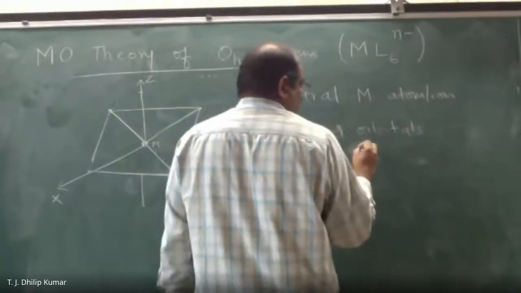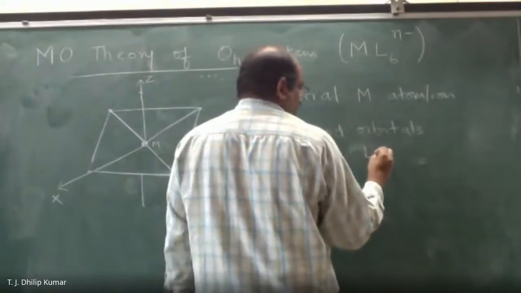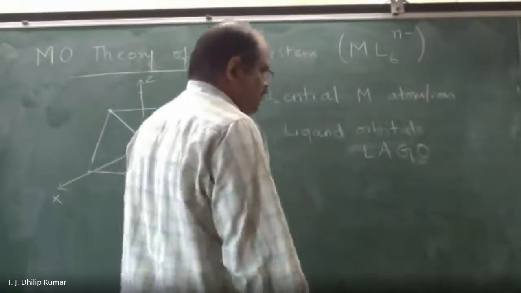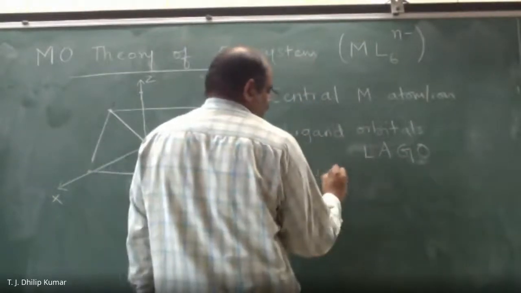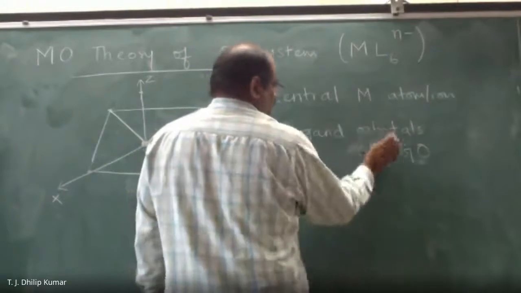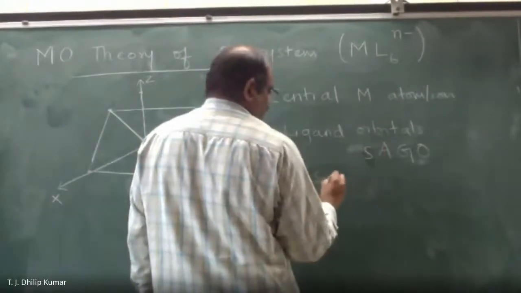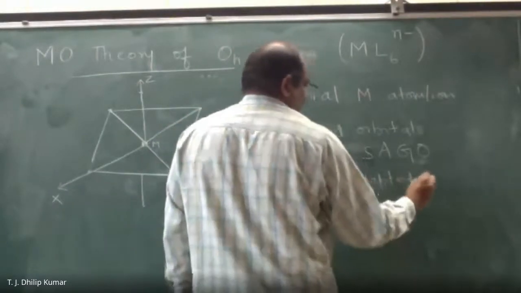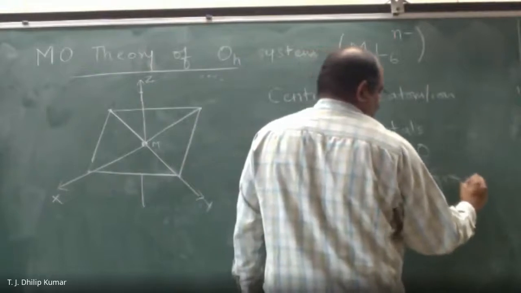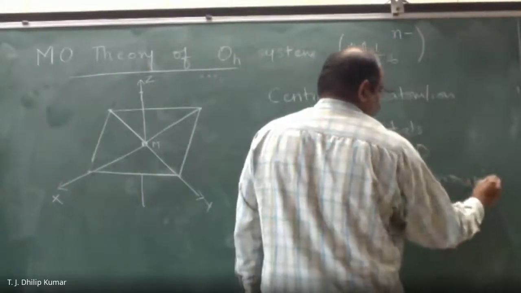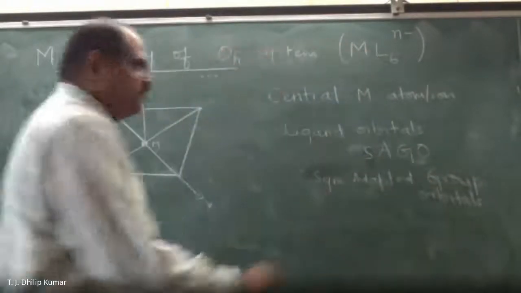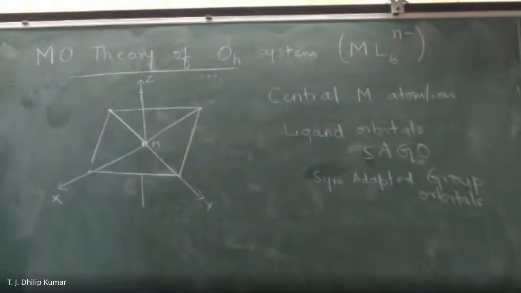The ligand orbitals are combined with the metal by a method called symmetry adapted group orbitals. The full form is the SAGO method, or symmetry adapted group orbitals of ligands.